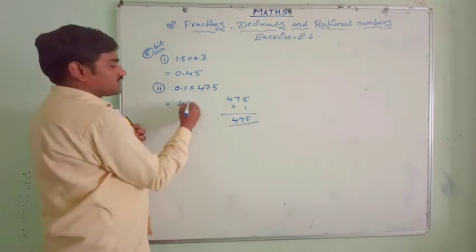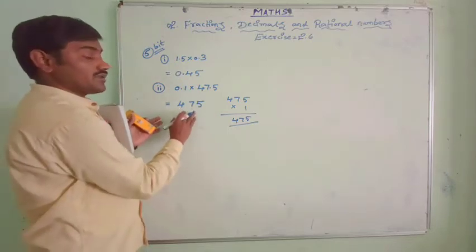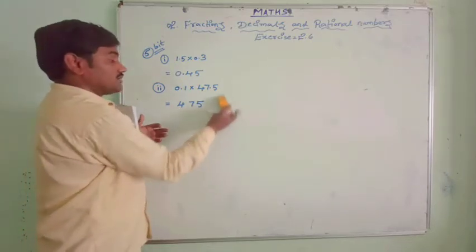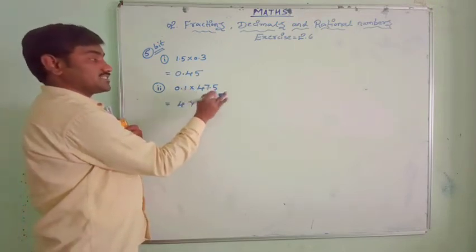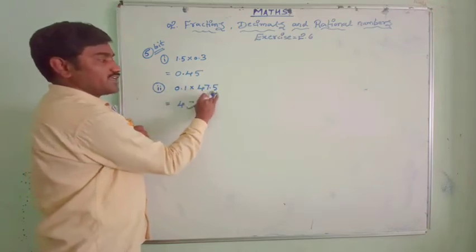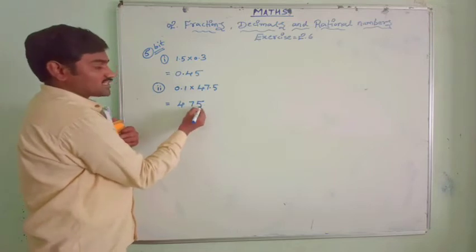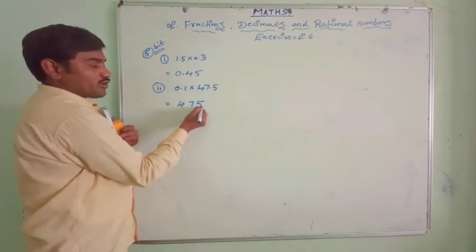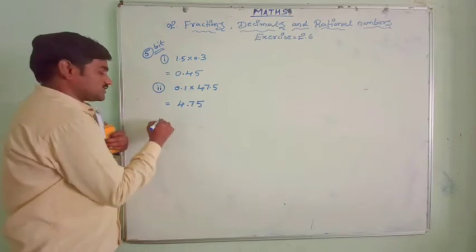Here 475 we get. There is no problem. Now after this multiplication, we got 475. But let us see how many decimal digits are there. Here one decimal digit after the decimal point, here also one decimal digit, 1 and 1, 2. So let us count the two digits from the right of our product, that is 4.75. So this will be the answer.